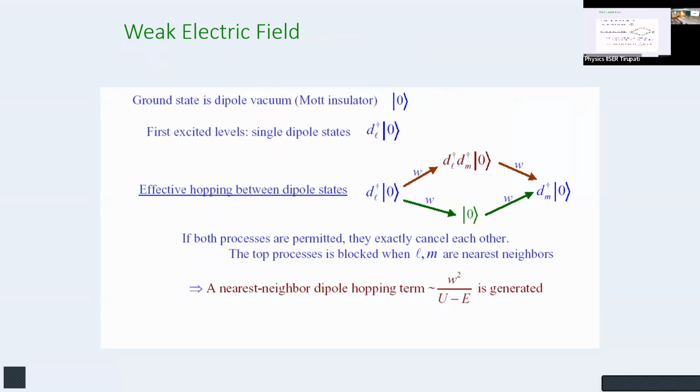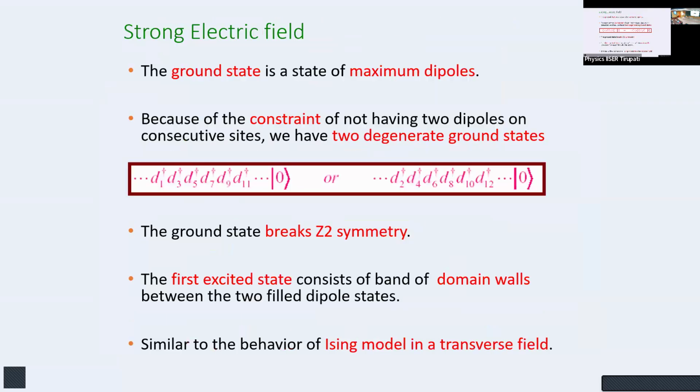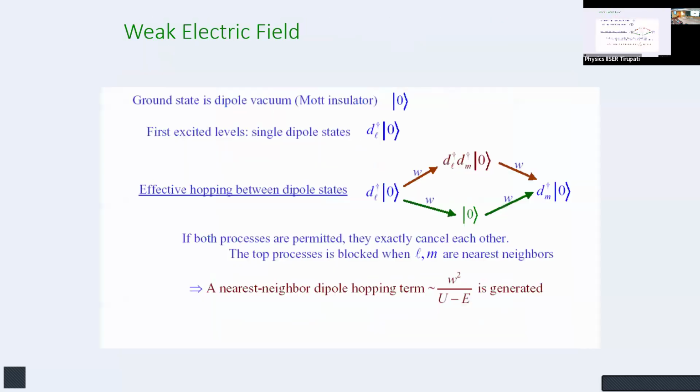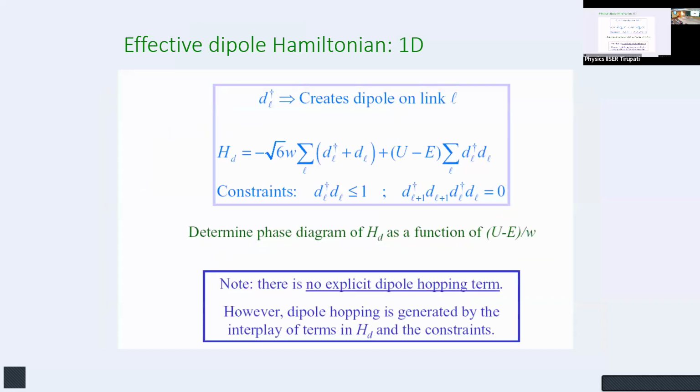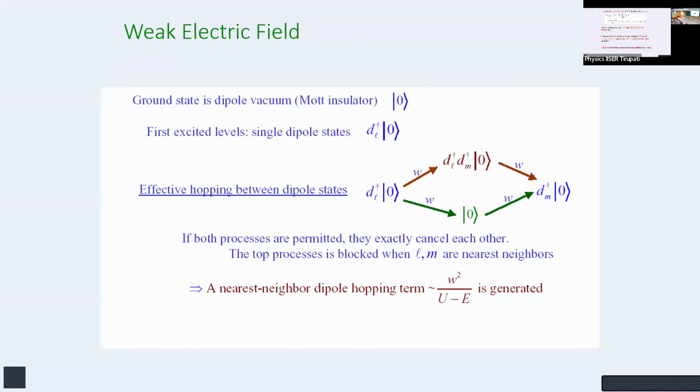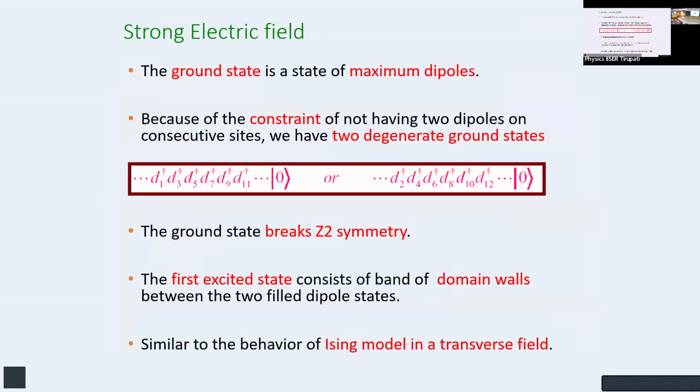No hopping dipoles, nothing. But think of the strong electric field case, where U minus E is a large negative quantity. Now what you want to do is form as many dipoles as possible in the ground state. But I told you that you cannot form dipoles on two neighboring links. So you can form dipoles either on the odd links or on the even links.